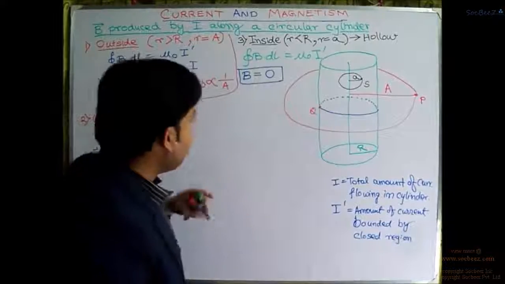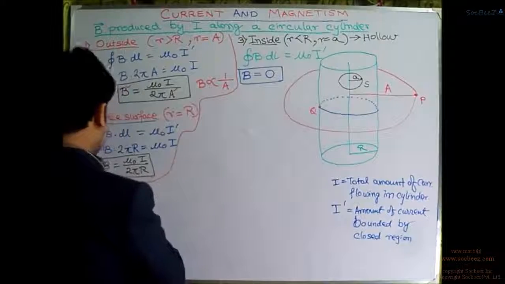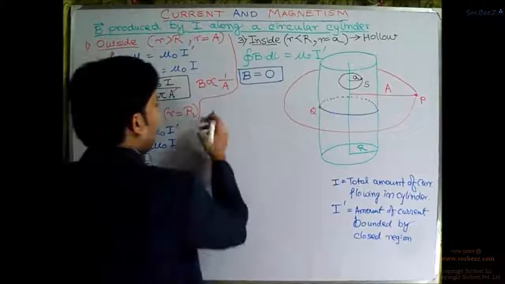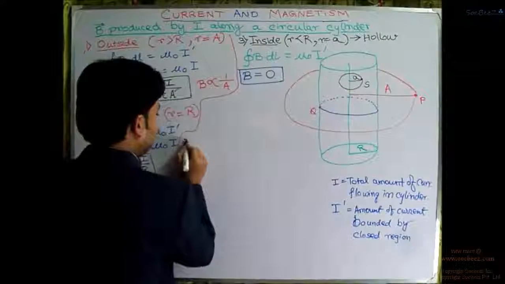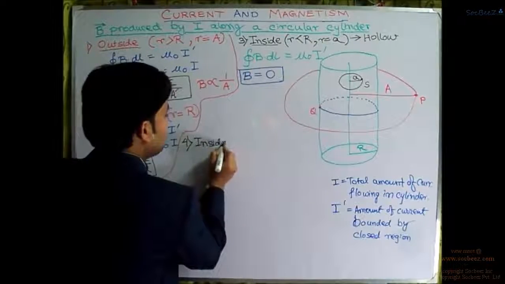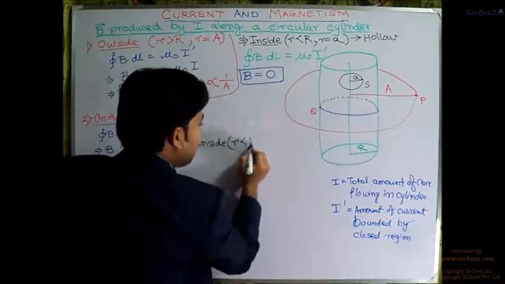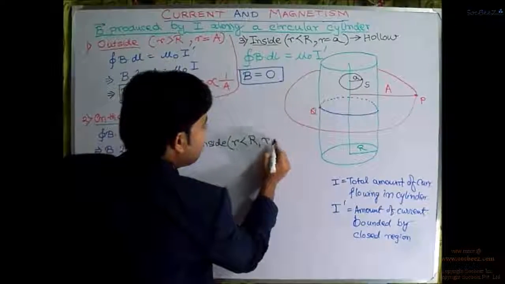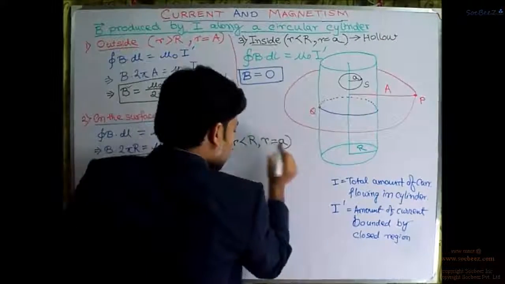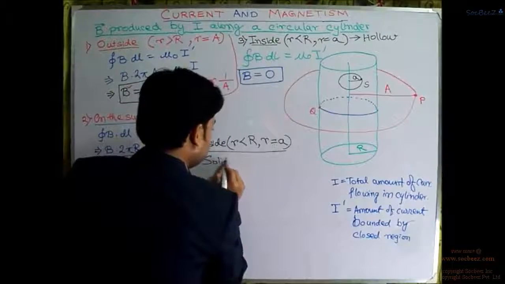Right? Now we come to the fourth scenario, where again we take that this point is inside the cylinder, which means that the distance will be lesser than this capital R. Taking this distance equal to a, but now this is a solid cylinder.